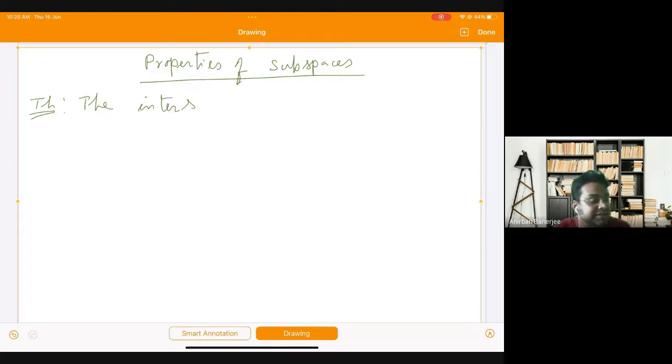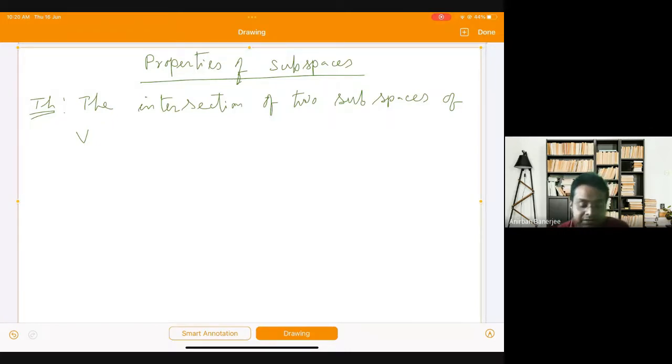The intersection of two subspaces of V. Again, when I say V, it means V could be either R or R square or R cube, R3.